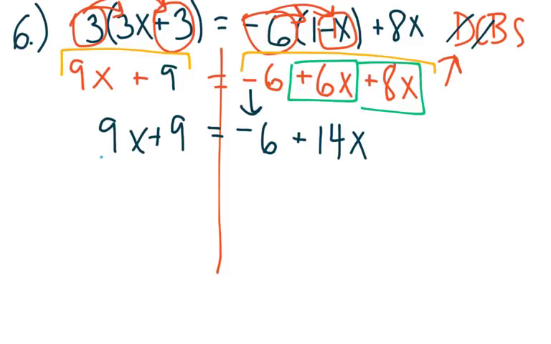Now bring all variables to one side. Doesn't matter which side you bring them to. I'm going to move whichever one of these is the lower coefficient. In this case, it's 9x. So I'm going to subtract 9x from both sides.